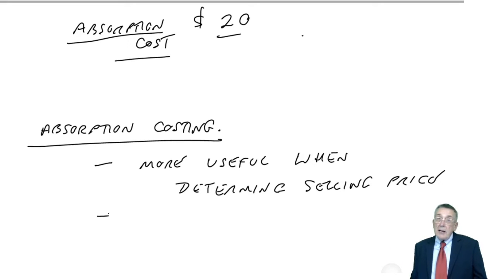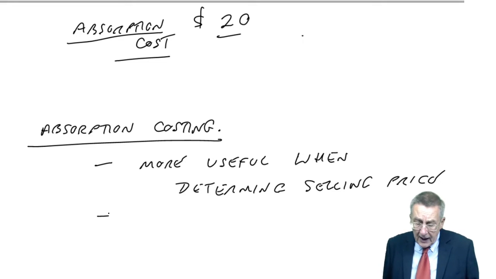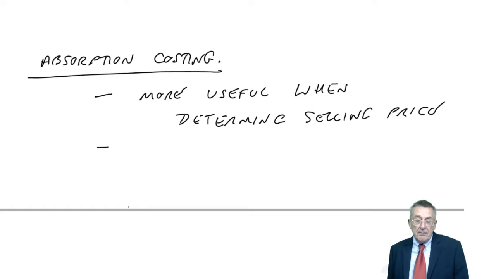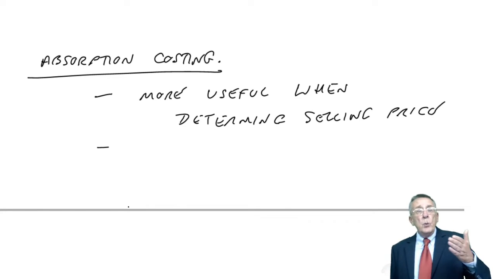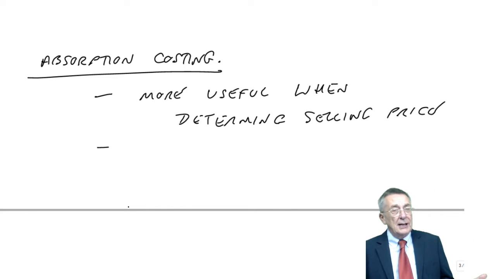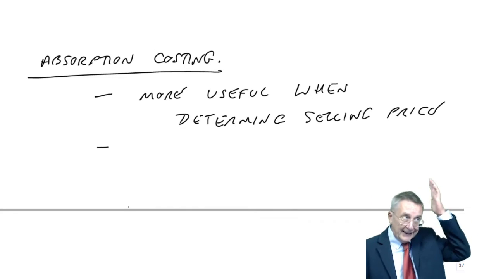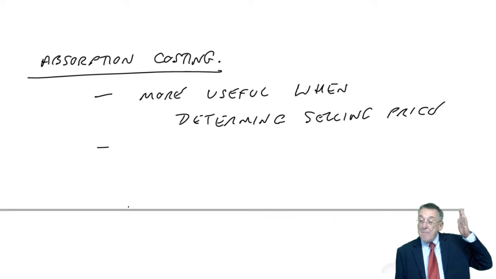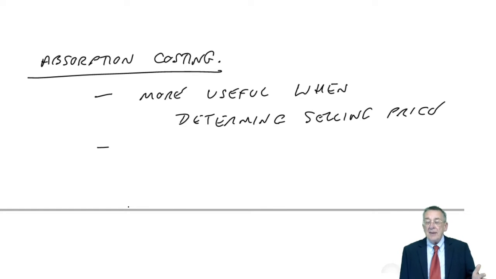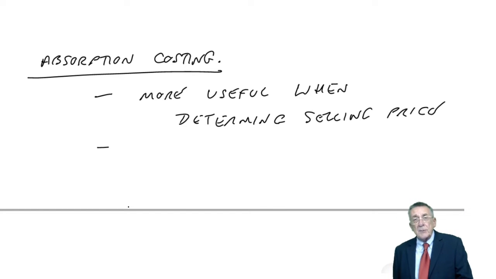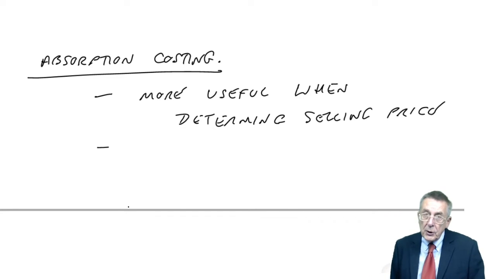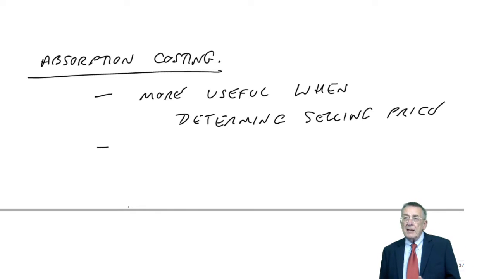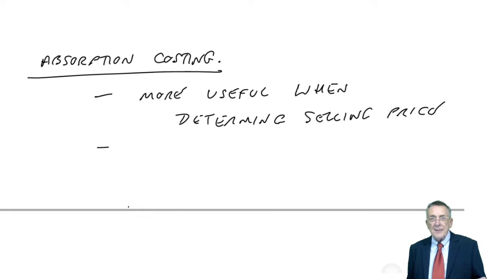The other, perhaps most common reason people use absorption costing is that although we're doing management accounting, financial accountants, when they're producing the statutory accounts, have to use absorption costing. It's accounting standard number 2.